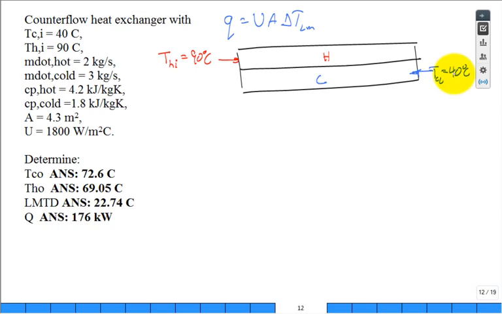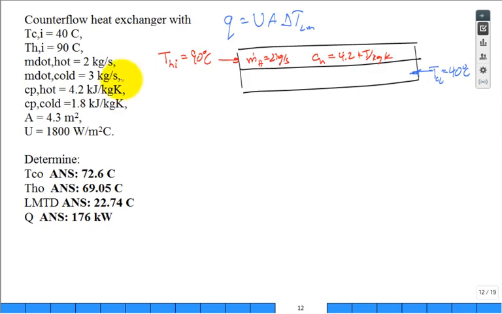The mass flow rate of the hot is 2 kilograms per second. So maybe I put up here m dot hot, 2 kilograms per second. And the specific heat of the hot, C of the hot, is equal to 4.2 kilojoules per kilogram Kelvin. Cold, I can do the same thing.